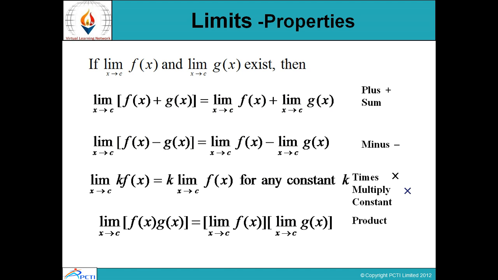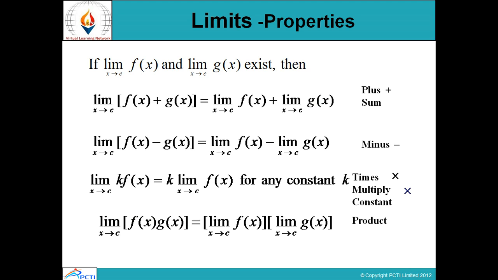So we can represent the various formats of the limits. Suppose limit as x tends to c of f(x) and limit as x tends to c of g(x) exist. Then limit as x tends to c of f(x) plus g(x) equals limit of f(x) plus limit of g(x).